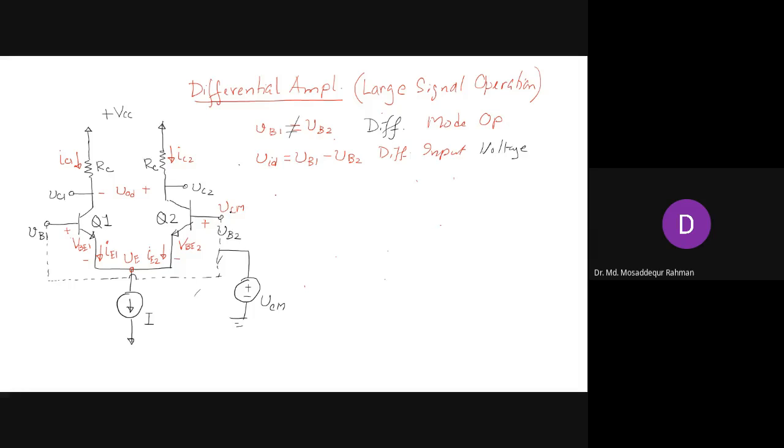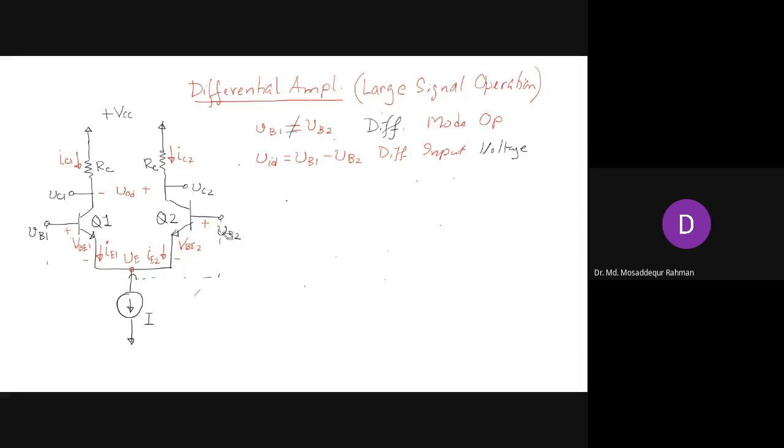This is large enough, okay, I have to change the circuit here because we don't have a common voltage anymore. So we have a voltage VB1 and voltage VB2.